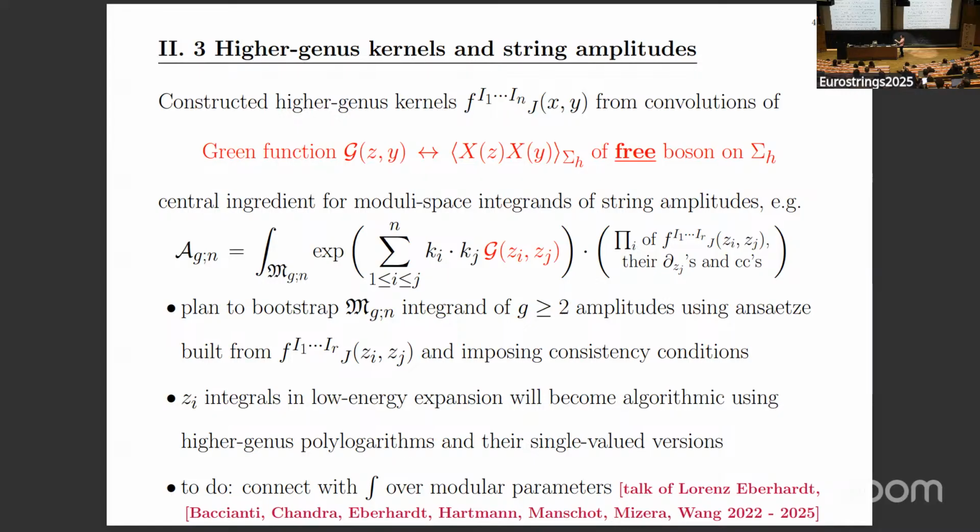But so far, this setting of polylogs is not yet there to integrate over the complex structure moduli. Fortunately, we saw in the talk of Lorenz Eberhard that there are really beautiful methods under development to deal with integrals over tau. So I believe this program of the authors here is perfectly suited to be generalized to higher genus, and that's something really important.